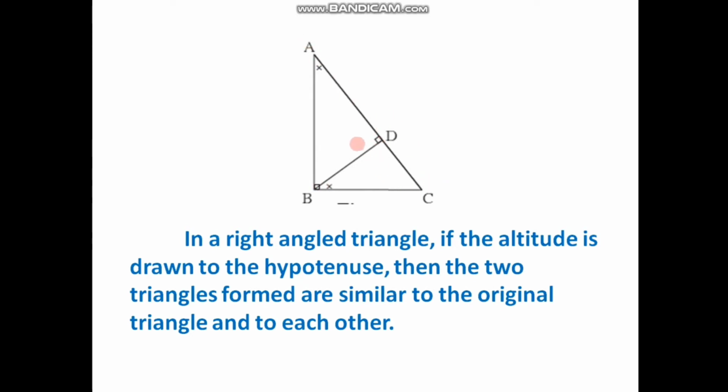By doing this, we have got three triangles: ADB, the second triangle BDC, and the original ABC. By this statement, these two triangles formed are similar to the original triangle ABC, and they are also similar to each other. So in short, these three triangles formed are similar to each other.